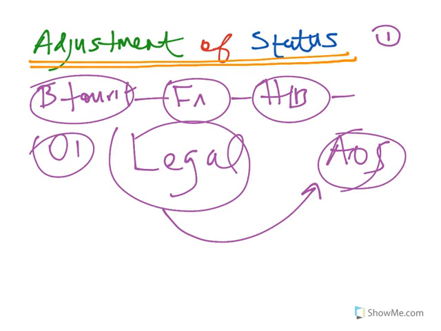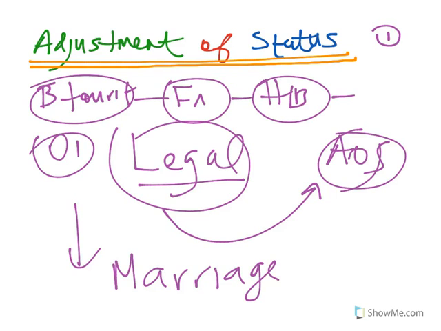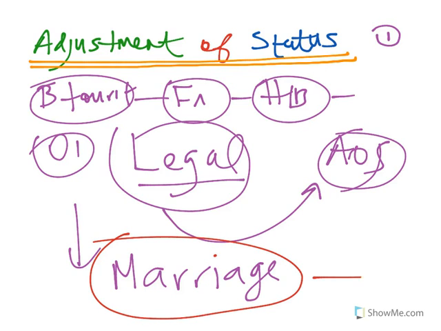So the first step in an adjustment of status process is to be legal in the United States, in legal status, and then the next step is to actually get married. So there has to be a legal marriage taking place before an adjustment of status can be filed.